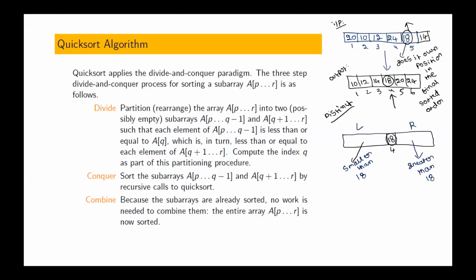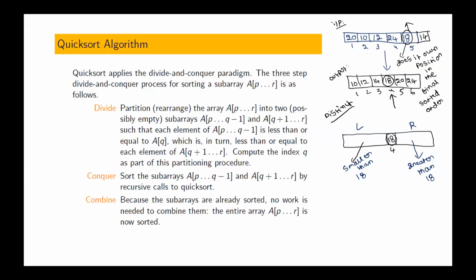So what happens is, if we are given an array of some elements, we consider one element as the most important element, we compare all other elements in the array with that element, and ensure that after these comparisons, that element goes to its own position in the final sorted order, and all the elements to the left of that element are smaller than that element. All the elements to the right are greater than that element.